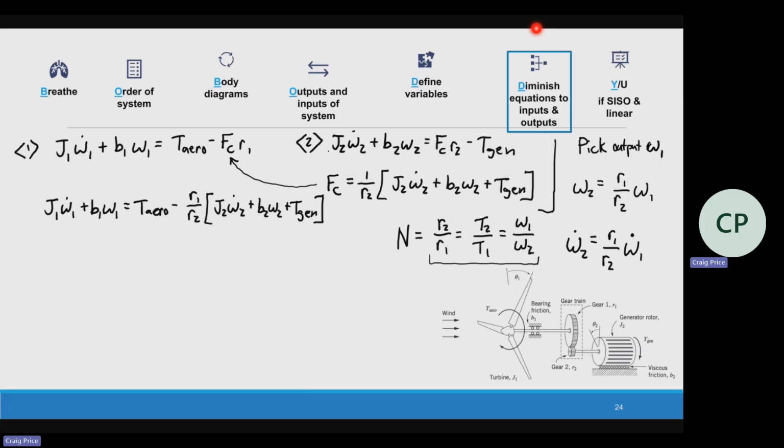And so I can take the acceleration, omega 2 dot, and change all those to omega 1s, all using this relationship right here. It's equal to theta 1 over theta 2, also omega 1 dot over omega 2 dot. All of these are equal based on the gear ratio. The more radius you have, the slower it's going to be, the harder it's going to be to accelerate.